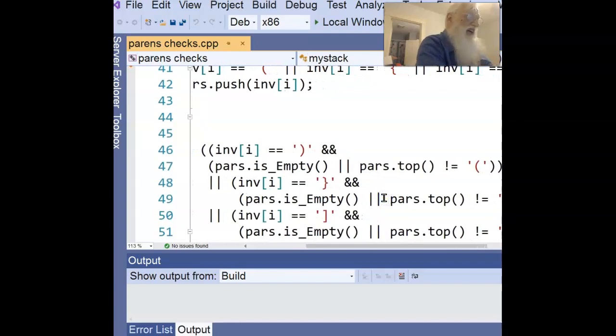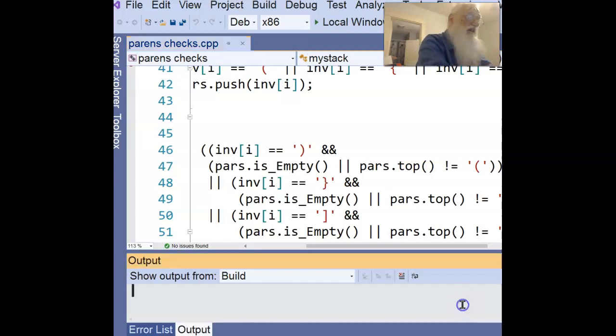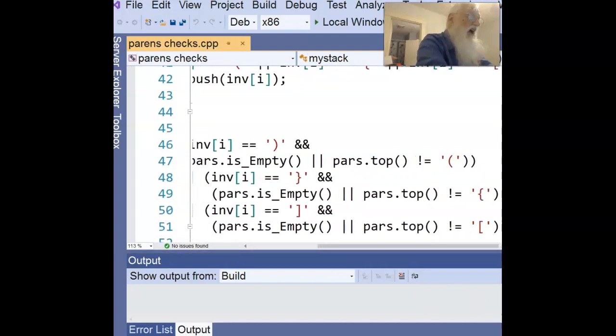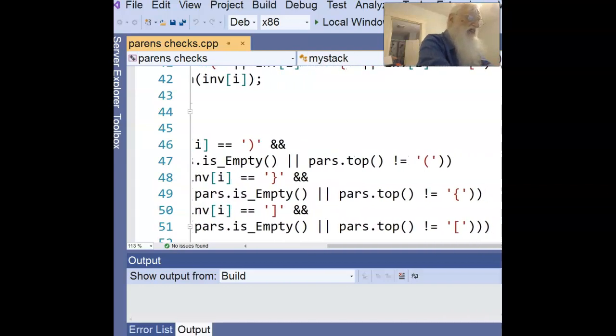I first check if inval I equals the parenthesis, and the stack is empty, or stack top equals the open parenthesis. That's one case. Or I'm checking for the other case where I am looking at the brace, or I'm checking for the third case where I'm looking at the bracket.